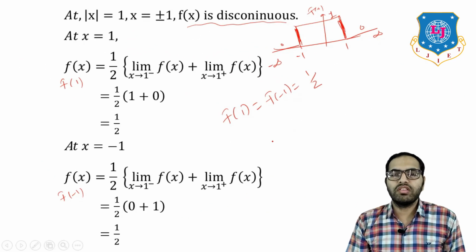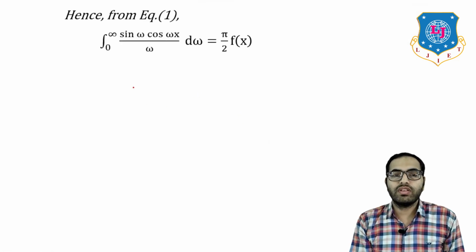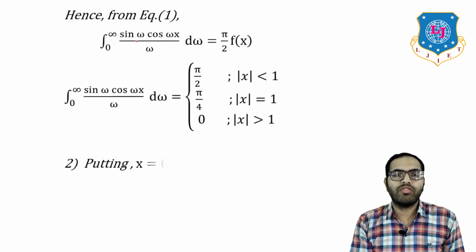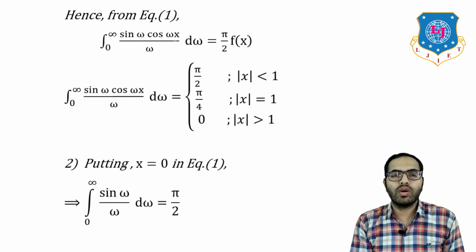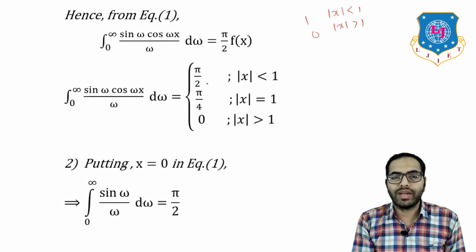Now substituting all these values in our equation number 1: the integral 0 to infinity of sin omega cos of omega x upon omega d omega equals pi by 2 f of x. The function is 1 if mod x is less than 1, and 0 if mod x is greater than 1. If mod x is less than 1, the function has value 1, so 1 into pi by 2 is pi by 2.